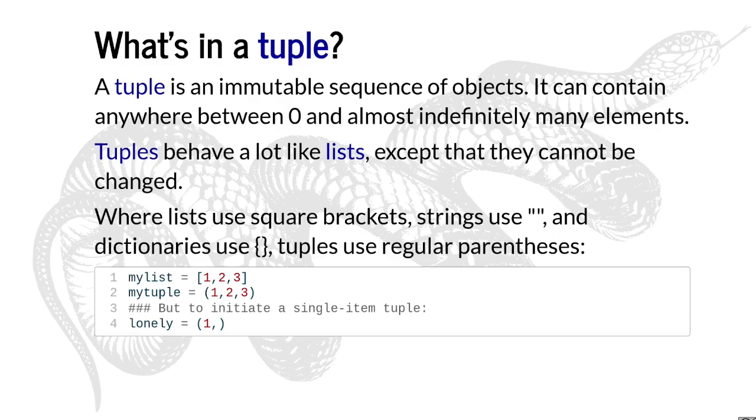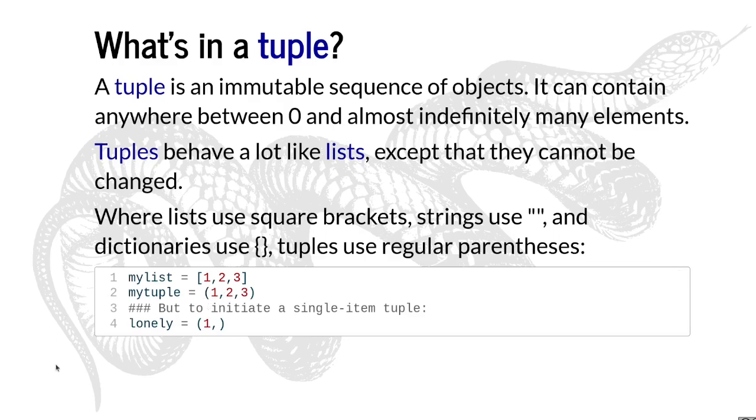And where lists use square brackets and strings use quote marks to be defined, so Python knows that it's now looking at a string, and a dictionary has curly brackets, tuples use just regular parentheses, right? So if you define my list is 1, 2, 3, 4 in square brackets, then the same thing goes for my tuple is 1, 2, 3 in round parentheses.